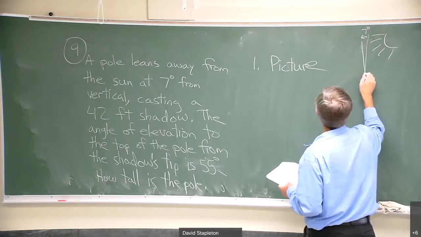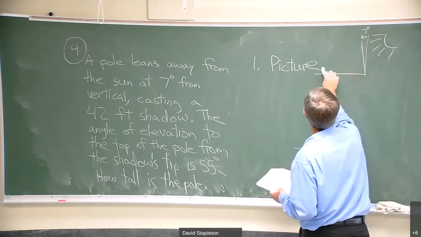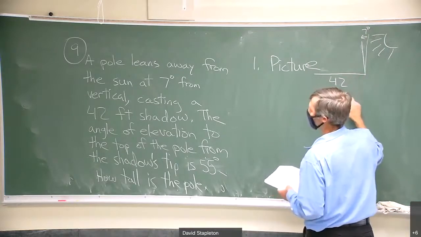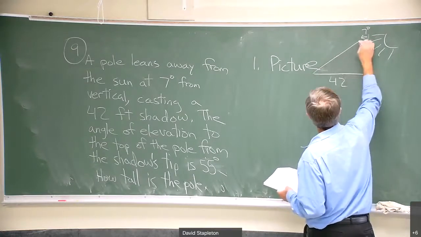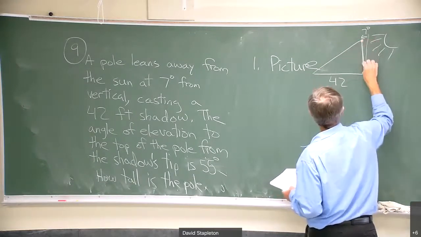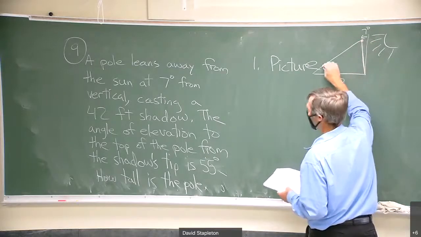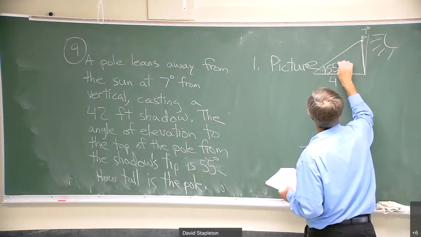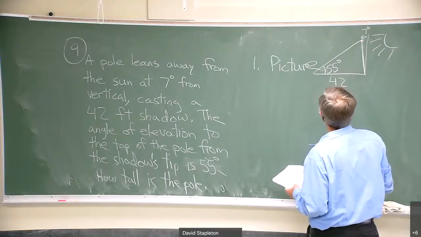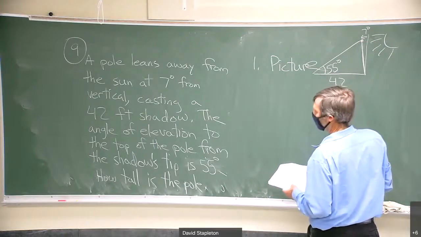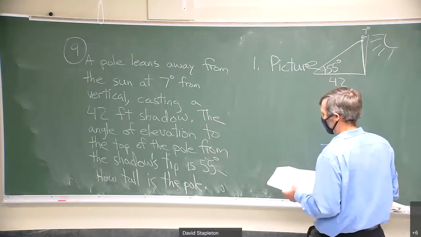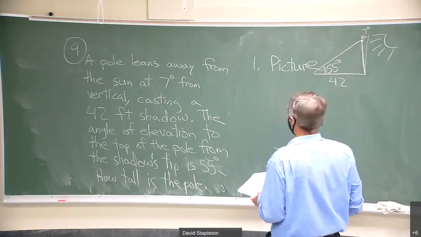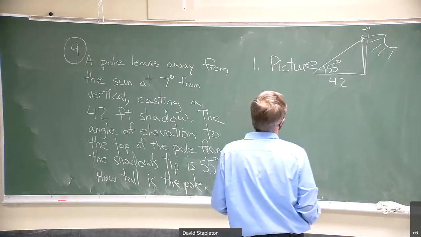And now you measure off 42 feet and measure up to the top of the pole, 55 degrees. We said in the picture you list everything you're given and what you want to find. So 55 degrees, 7 degrees, and 42.